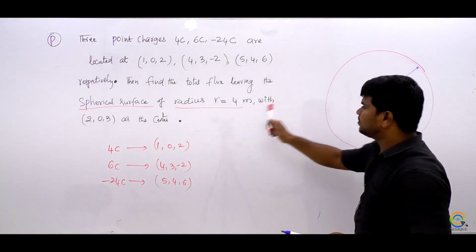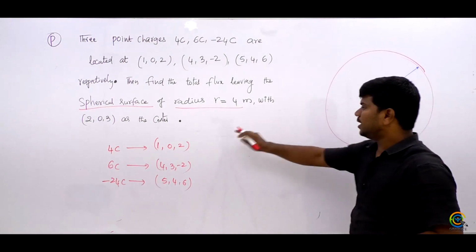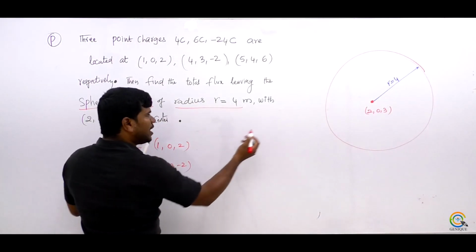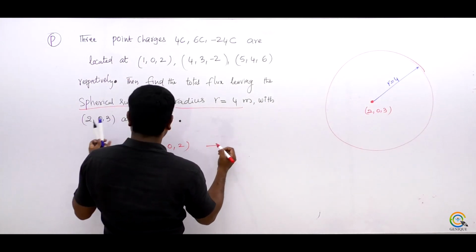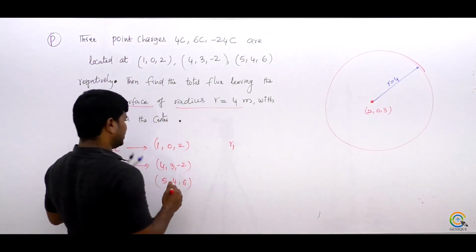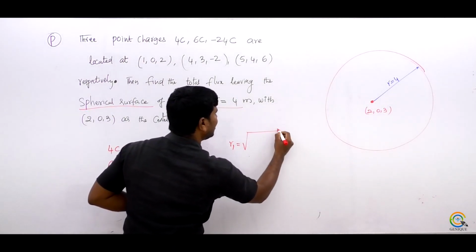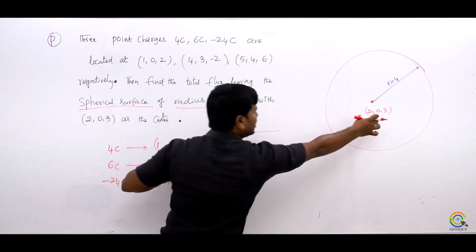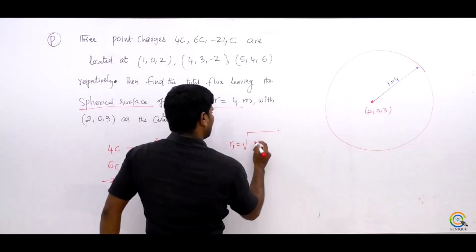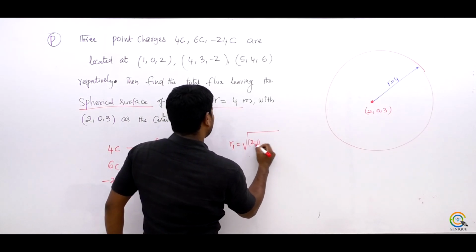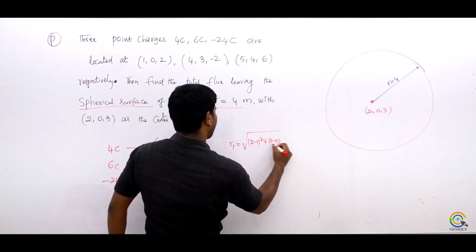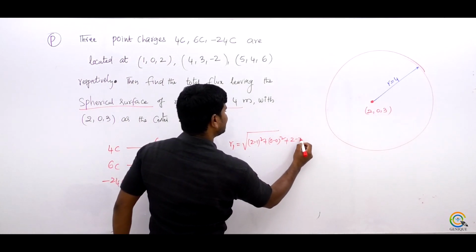Suppose we find the distance from this point to the center, and call it R1. R1 equals root over (2 minus 1) whole square plus (0 minus 0) whole square plus (2 minus 3) whole square.